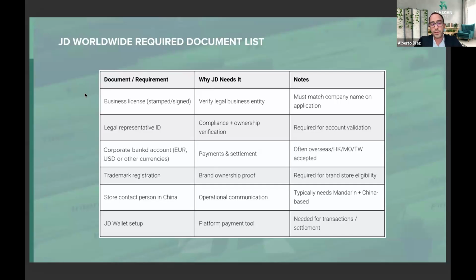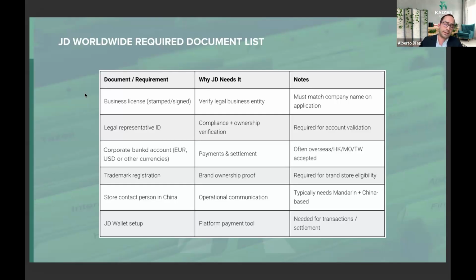And then your international bank account statement of your home country, whether it is in euros or US dollars. Most international currencies are accepted. Then you need a trademark registration, whether it is the European Trademark Office registration, or in the US or somewhere else, but it's the international trademark. It doesn't need to be a Chinese trademark.